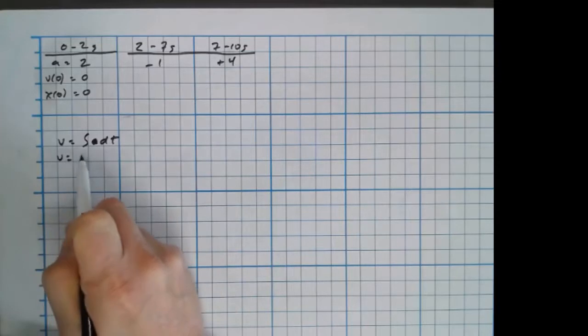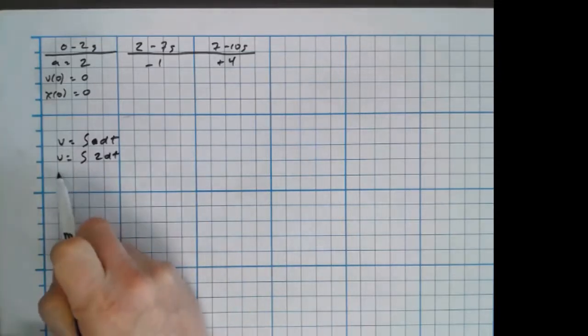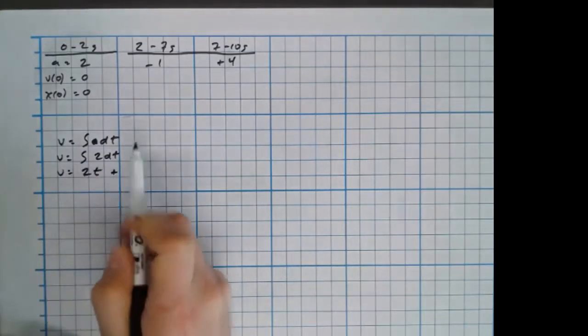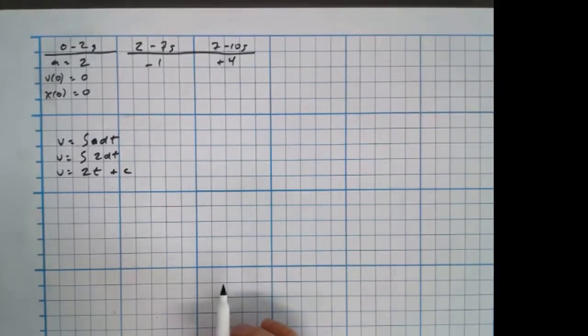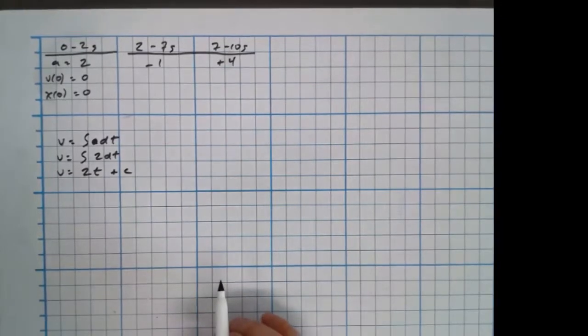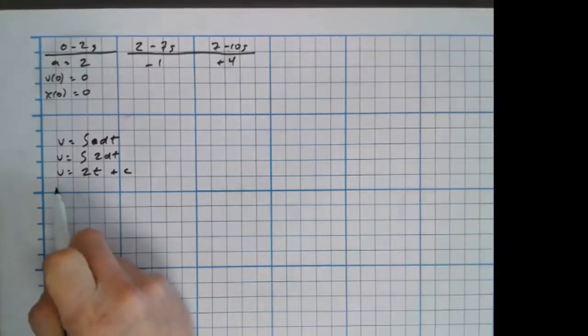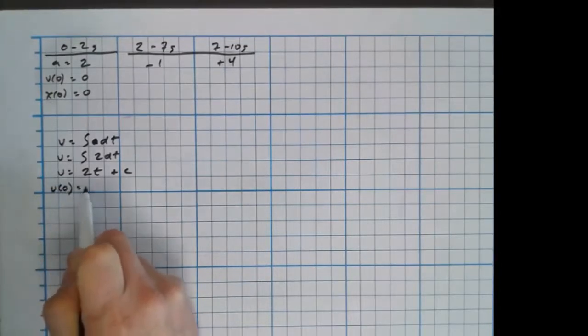So the velocity is the integral of 2 dt. That means the velocity is 2t plus a constant. Okay, so I'm wanting that to be a general velocity function where I can plug in any moment in time and it will tell me what the velocity is going to be. But in order to do that, I need to know what that c is. So I plug in velocity at time 0 equals 0.